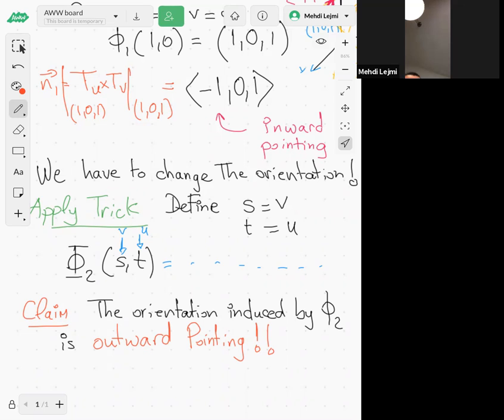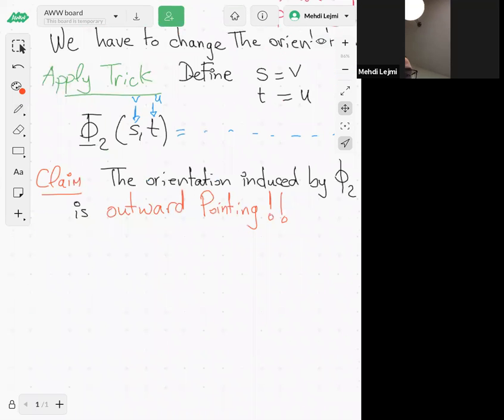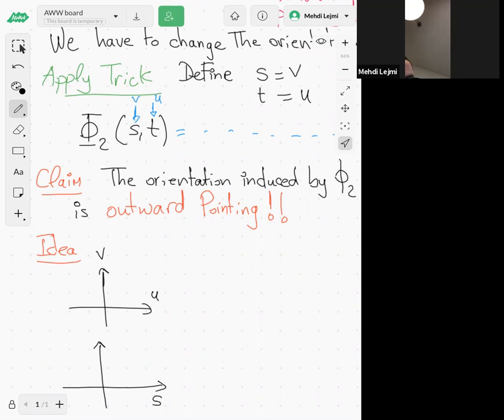You may ask why, when we change the order of the variables, that would change the orientation of your surface. The reason is very simple, guys. Here you have u and v, right? This is u, this is v, and here this is s and t. You have this phi of u and v. Because you start with u here, in some sense the orientation in the domain in R2 goes from u to v.